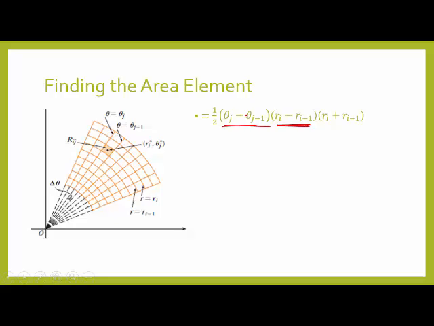It's the change. It's the change in the angle and the change in the radius. So we can think of that as delta theta and delta r. If we take those two values and call them delta theta and delta r, then we have something even simpler. Oh, we also want to make one more change.